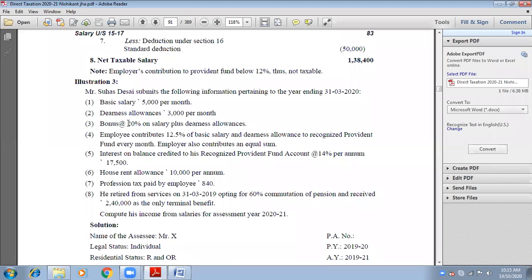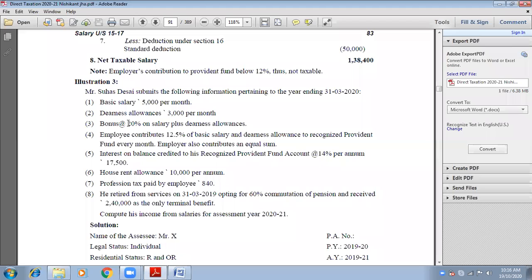So how you need to write that? Wait, I'll tell you. Write down first bonus. Make a bracket there: 20 percentage on 60,000 plus 36,000. It is salary plus DA. So we need to write the amounts of salary and DA. Amount of salary is 60,000 plus amount of DA 36,000, and you can close the bracket.